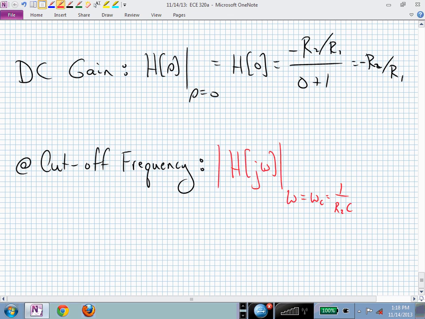And now if you sort of envision the S-plane, if you had a pole at minus 1 over R2C and you walk up the imaginary axis to j 1 over R2C, you can see the distance is now this length by a square root of 2. So that square root of 2 factor is coming into play.